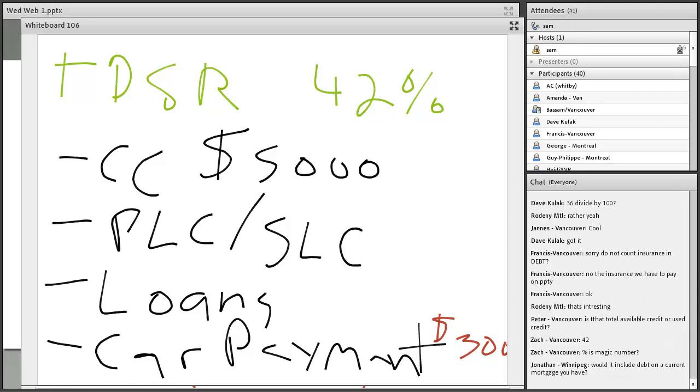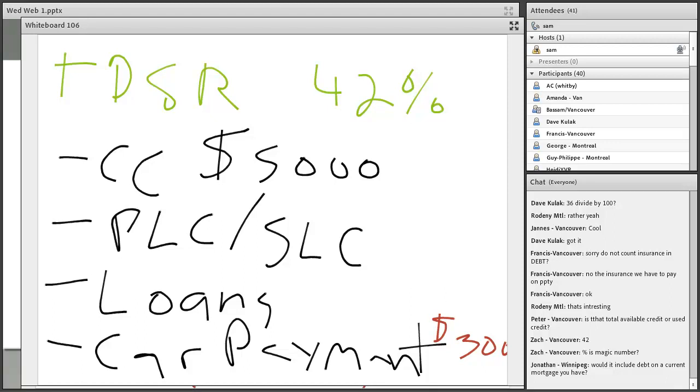Okay? So if you've got $5,000 of credit card debt, they're going to take 3% a month and include that as the payment. So they don't care what your actual payment is on that credit card. Maybe your minimum payment's $5 a month. They're going to take 3% of the total balance. So 3% of 5,000, you're looking at $150 a month.